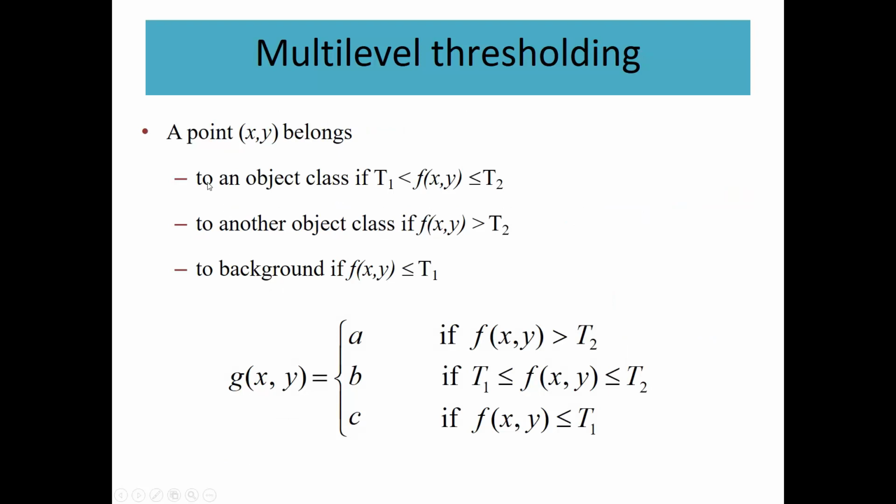If a point (x, y) has a pixel value less than T1, then it belongs to the background. If it is greater than T2, then it belongs to an object of class 1 or A. If it lies between T1 and T2, then it belongs to another object B.